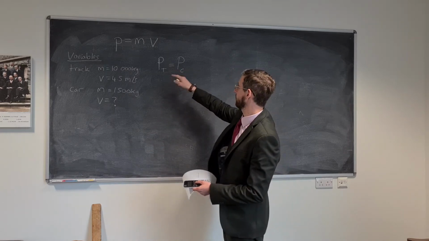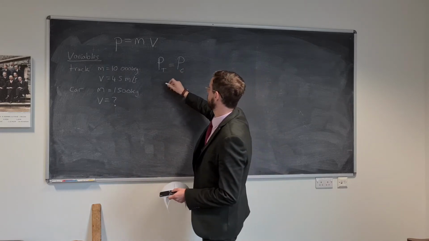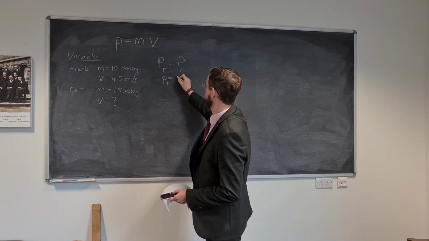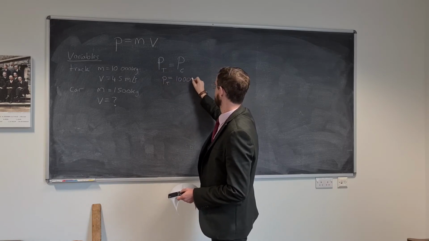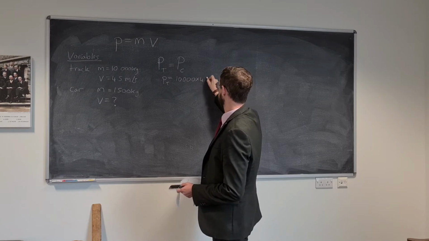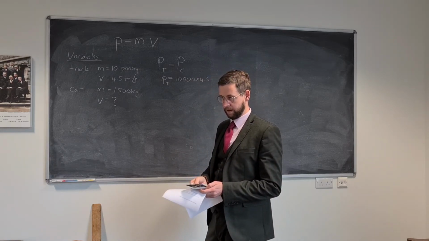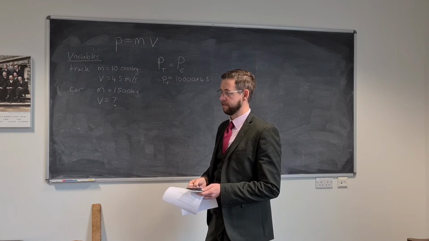You can see this is going to require a rearrangement of the formula. To start with, very easily, the momentum of the truck is just equal to 10,000 times 4.5. Well, that's going to be 45,000.